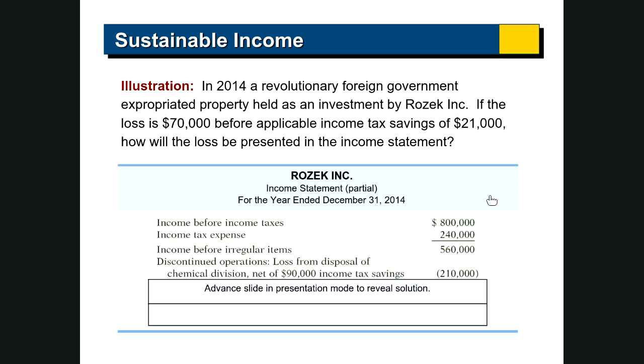FIFO means first in, first out, right? There is another one that is called LIFO, which means last in, first out. How are FIFO and LIFO calculated and what is the advantage and disadvantage? We will learn that, right?